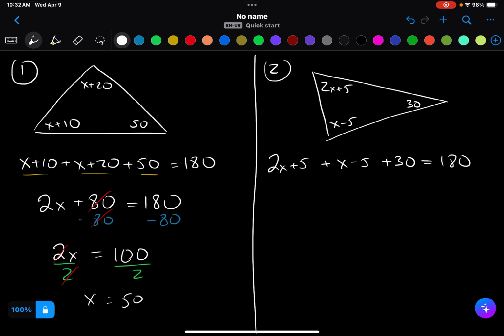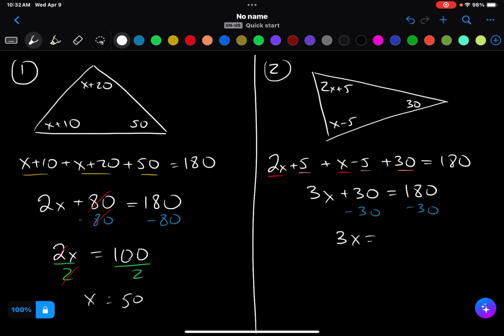So you just want to combine your like terms. You have your x's here, you're going to combine them, and then all of the non-x's, you're going to combine those. So 2x plus x, that's 3x. 5 minus 5, that's gone, leaving just a 30, equals 180. At this point, just solve for x. Subtract 30 from both sides.